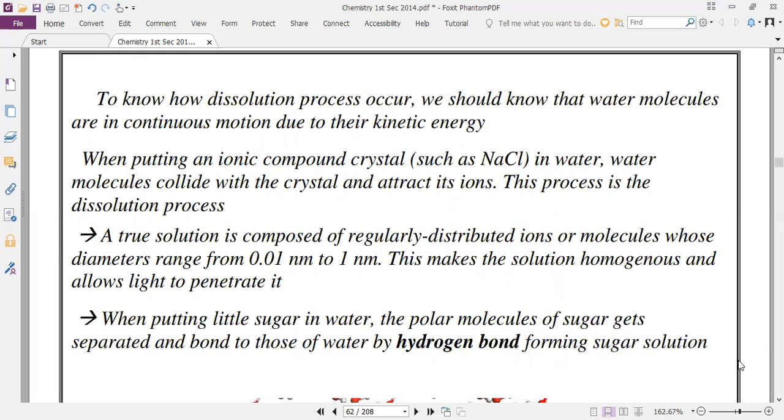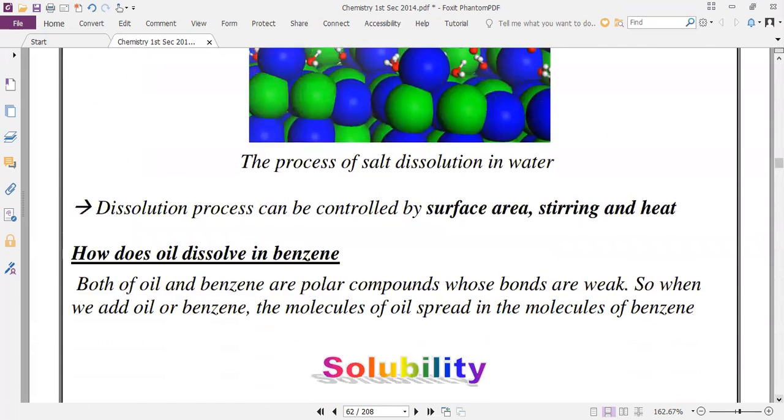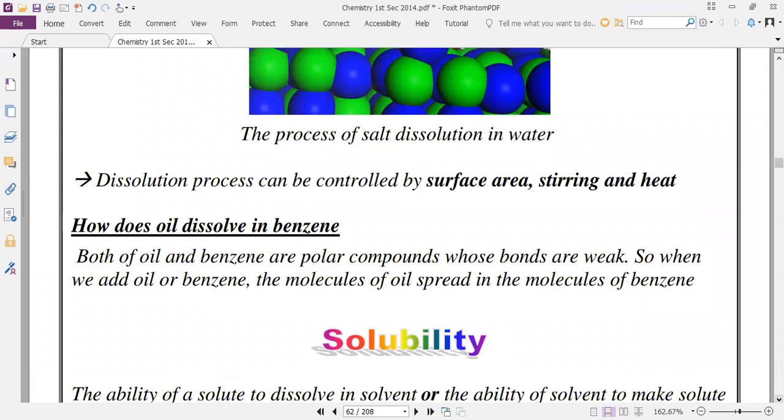A true solution is composed of regularly distributed ions or molecules whose diameters range from 0.01 nanometer to 1 nanometer. This makes the solution homogeneous and allows light to penetrate it. When putting little sugar in water, the polar molecules of sugar get separated and bond to those of water by hydrogen bond, forming sugar solution. Okay, right. This is called the solution process.